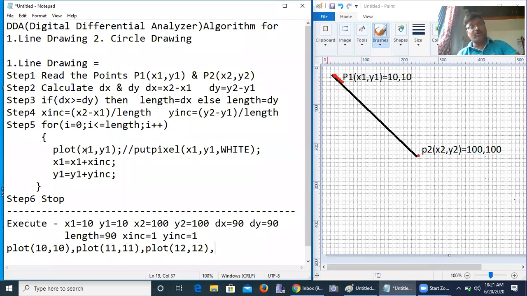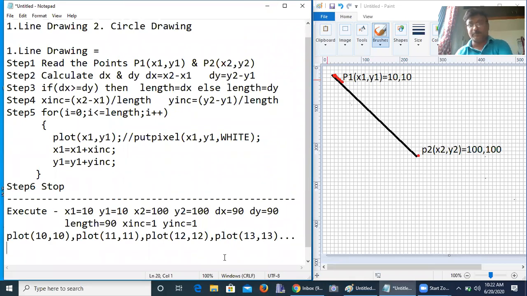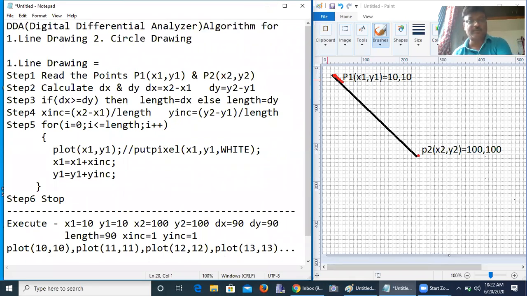I again plot 12 plus 1, 13, and 12 plus 1, 13. So plot 13, 13. This is the way you can proceed and end up at the line.